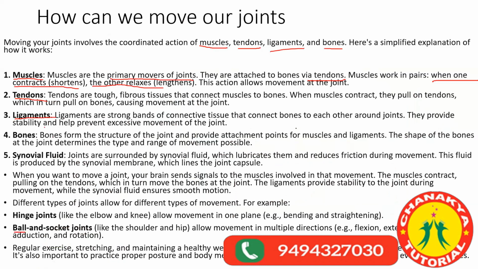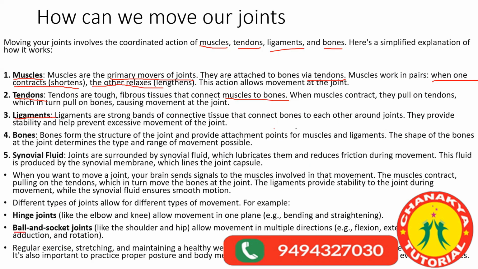Go to ligaments. So next we are going to talk about ligaments. What are ligaments? Ligaments are strong bands of connective tissues that connect bones to each other around joints. Tendons connect muscles to bones, whereas ligaments connect bones to bones.